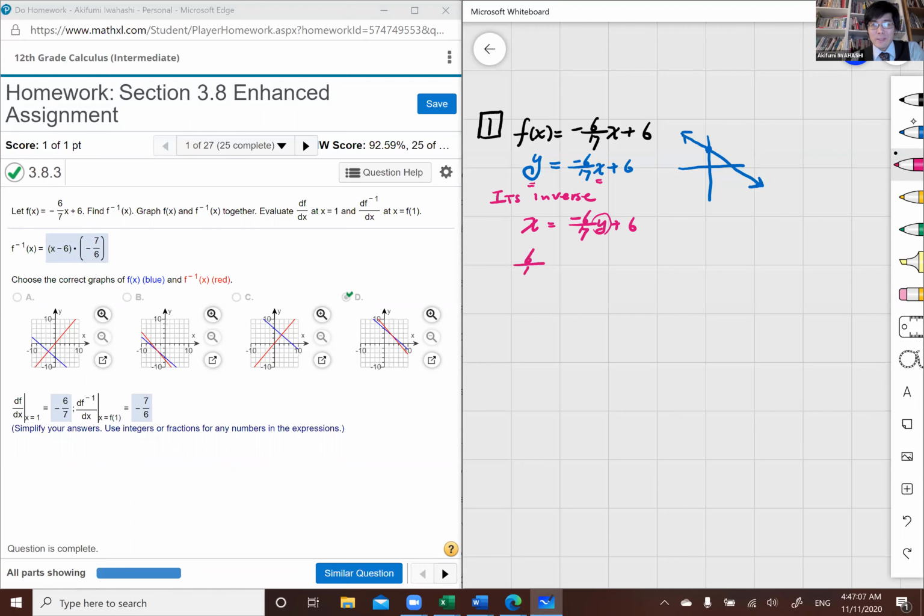So it's going to be 6 over 7 y is equal to minus x plus 6. Multiply both sides by 7 over 6. So it's going to be 7 over 6 times negative x plus 6, which is the same thing as negative 7 over 6 x plus 7.